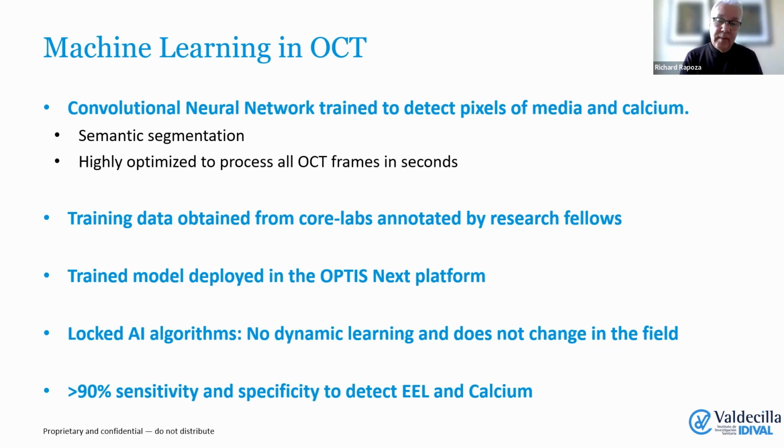From there, we could gather a lot of information out of the trial to supplement the algorithms even more. So we again proceeded with a convolutional neural network trained with pixels, using semantic segmentation, and then highly optimized to process all OCT frames in seconds.